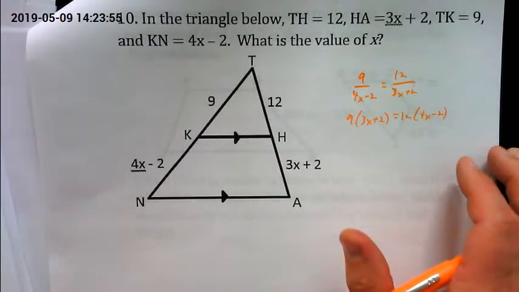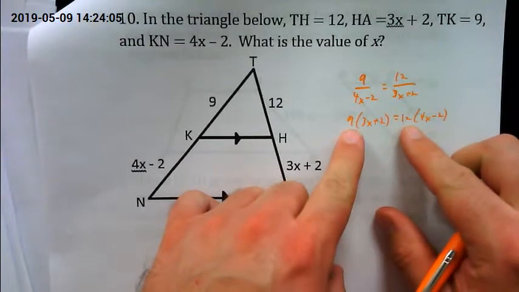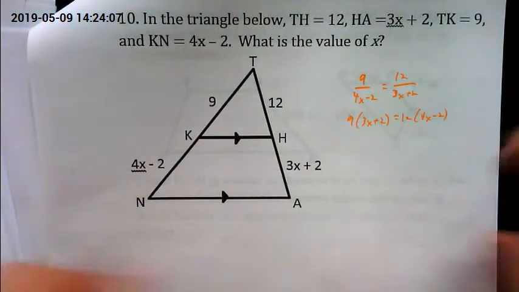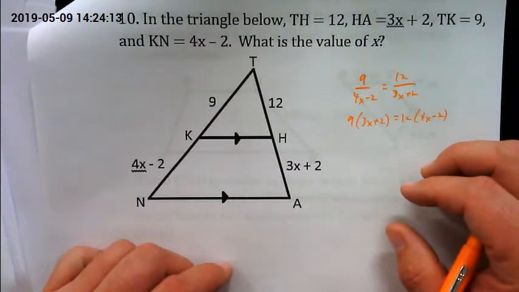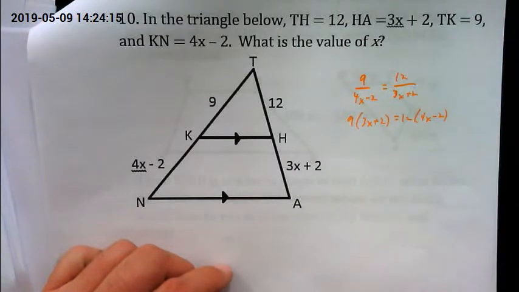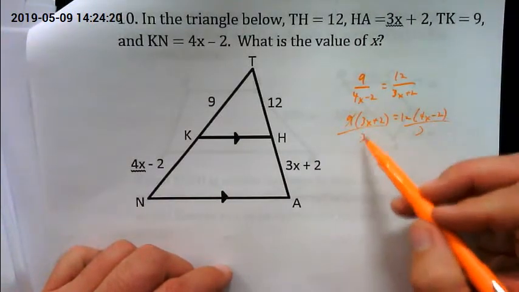Now, you could go ahead and multiply right now. But I see the two numbers that I'm multiplying by are values that have similar factors. 9 and 12, they both have what in common? So to make this a little bit easier, instead of multiplying by that big of a number, there's nothing wrong with saying, hey, let's just go ahead and divide both sides by 3 and reduce this.